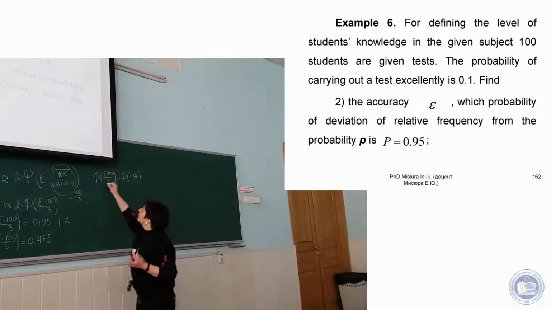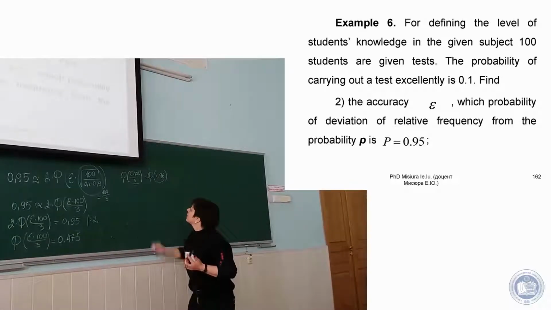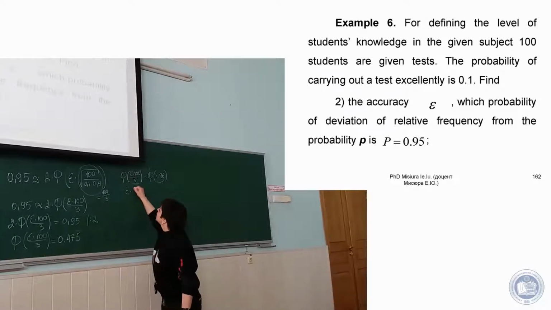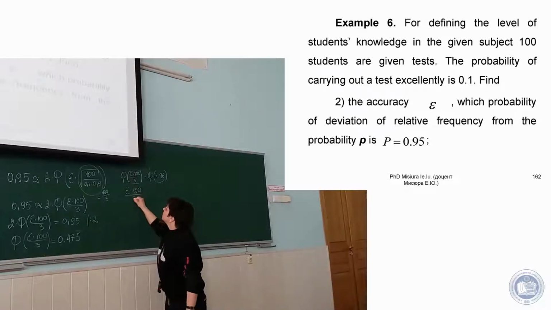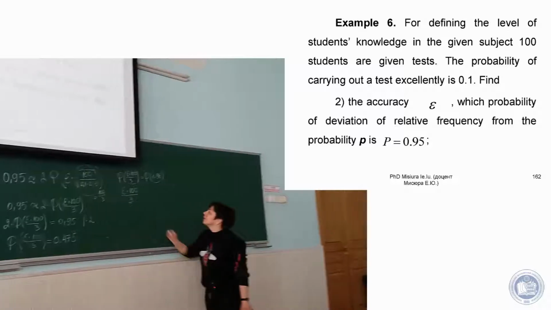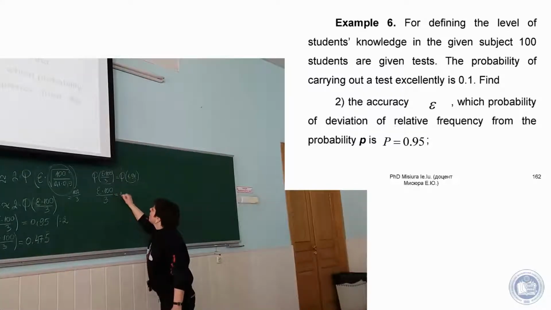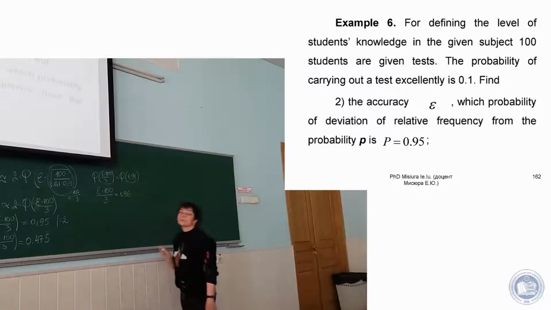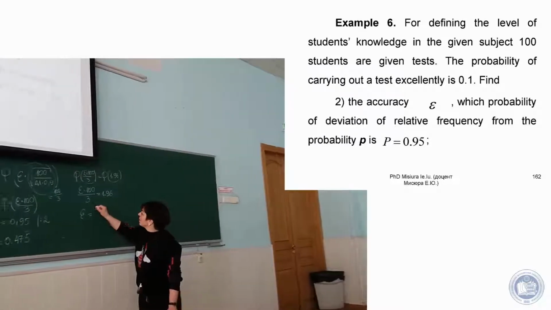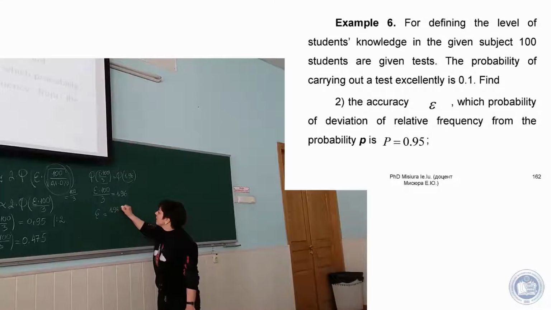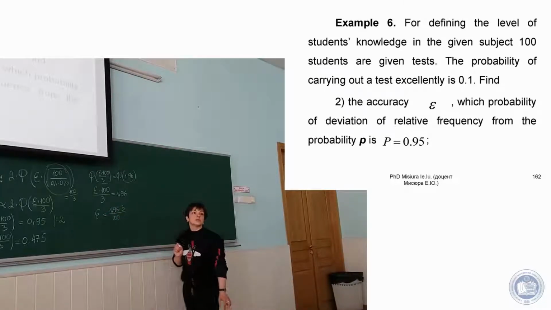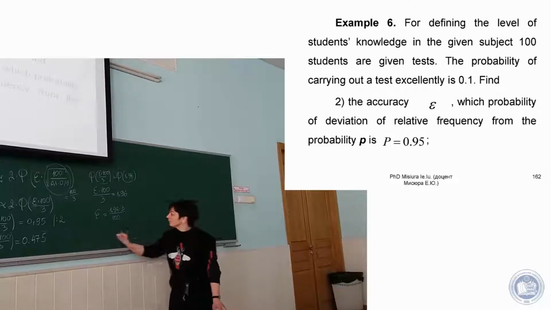It means we have two equal sides. Let's substitute. Epsilon times 100 divided by 3 equals 1.96. How to find epsilon? Let's multiply by 3 and divide by 100.